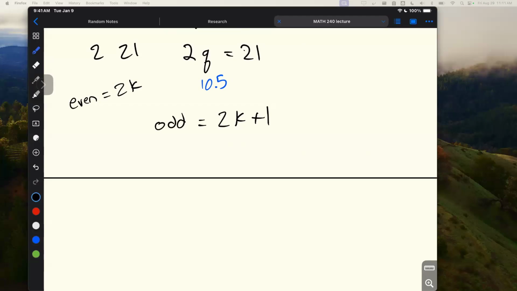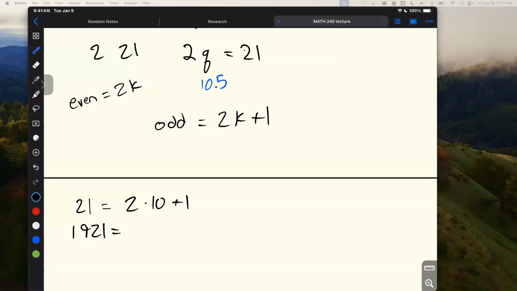And so what is 21 in terms of this format? Yeah. 2 times 10 plus 1. Great. What about, let's see, I have 1921 in my notes.